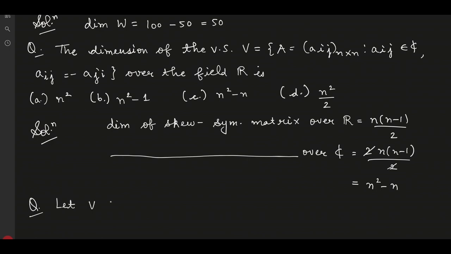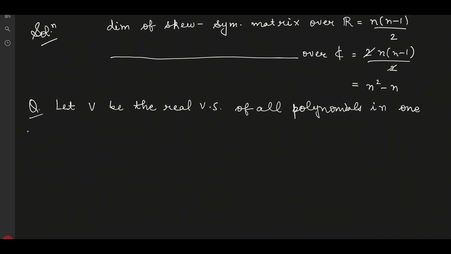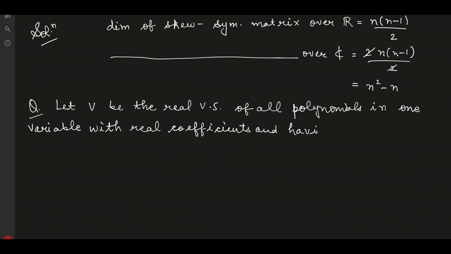Let V be the real vector space of all polynomials in one variable with real coefficients and having degree at most 20.